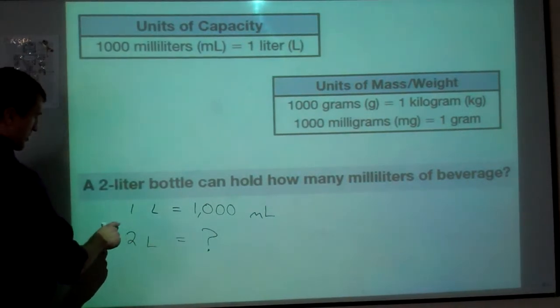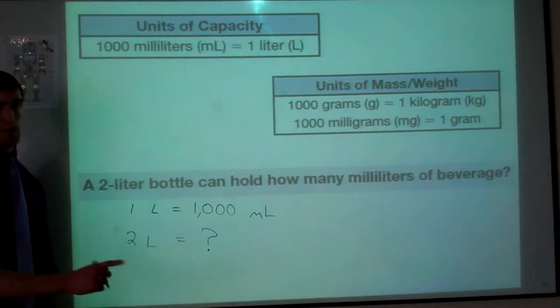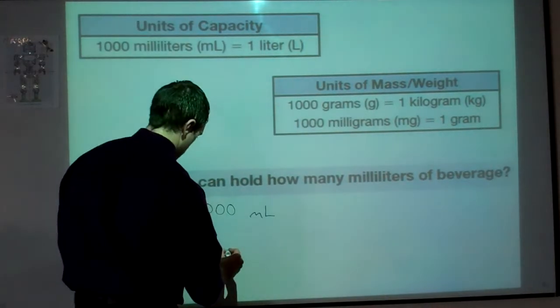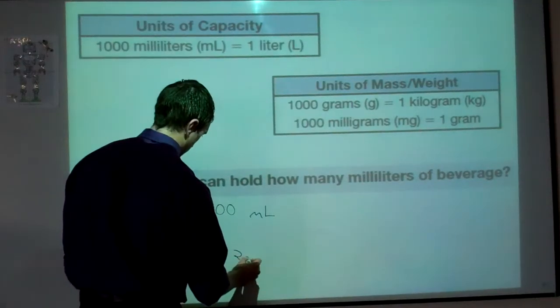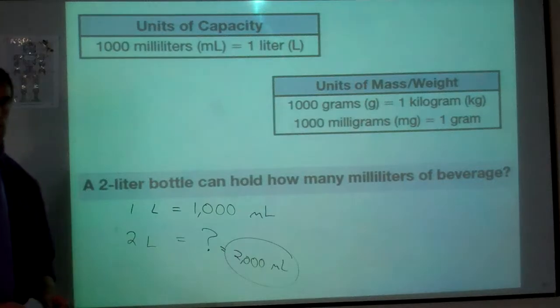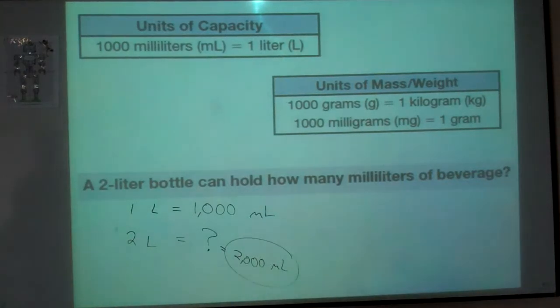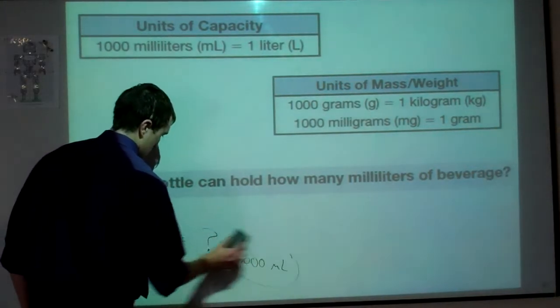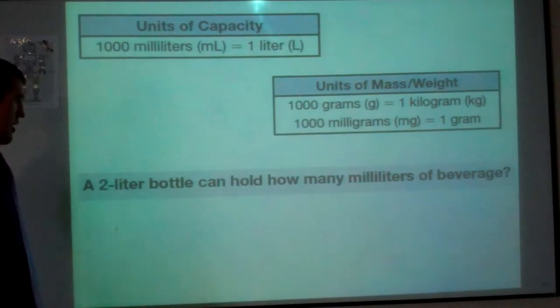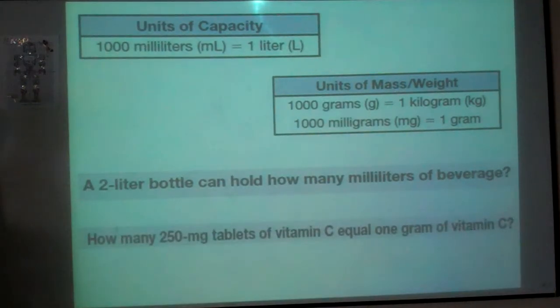Well, it looks like from 1 liter to 2 liters we're doubling, so we're just going to double this. So this should be 2,000 milliliters. So lots of different ways to do these conversions. That way was kind of like setting up a ratio.